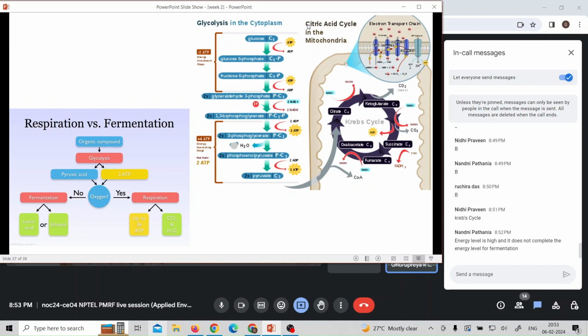After this only the electron transport chain comes. The reason I'm showing this is not for all the details, just because of this one word, the proton motive force. The proton motive force is something that will come into play here.